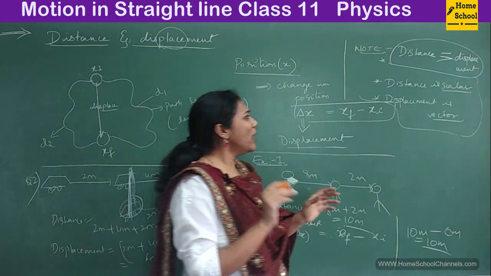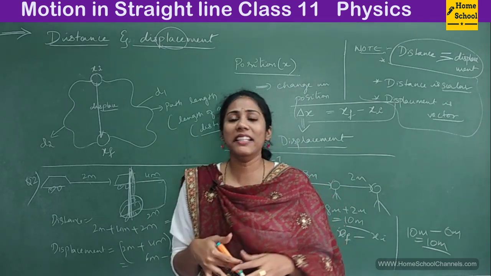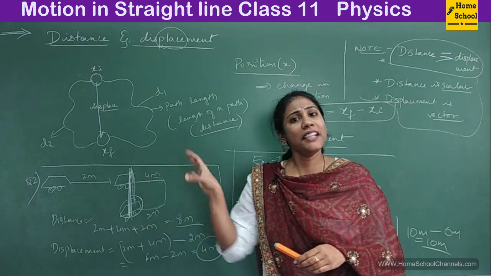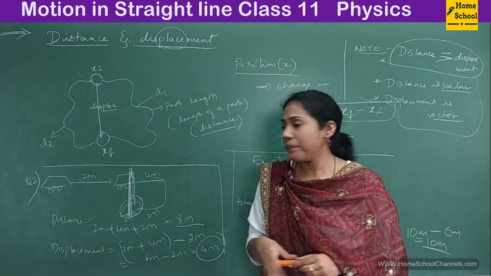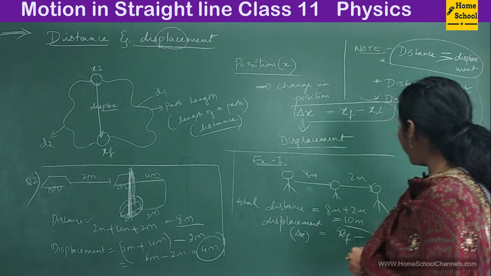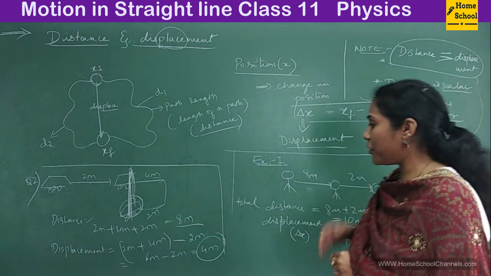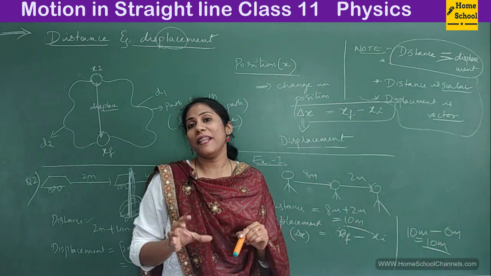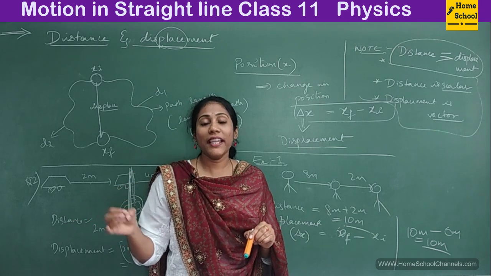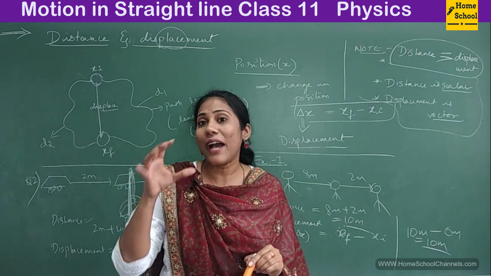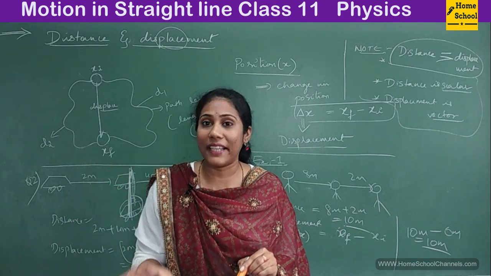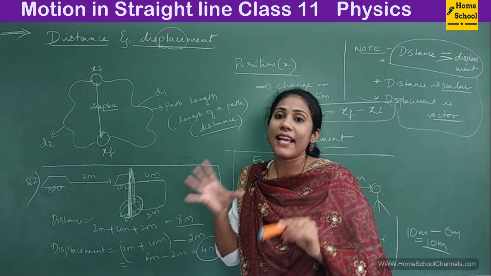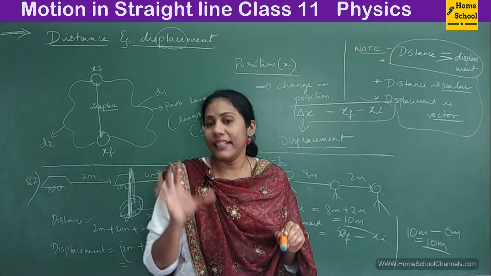And when you calculate displacement, you can get either a positive value or a negative value. Here, in every case, displacement had a positive sign, but you will also have displacement with a negative sign. This sign actually tells you about the direction.